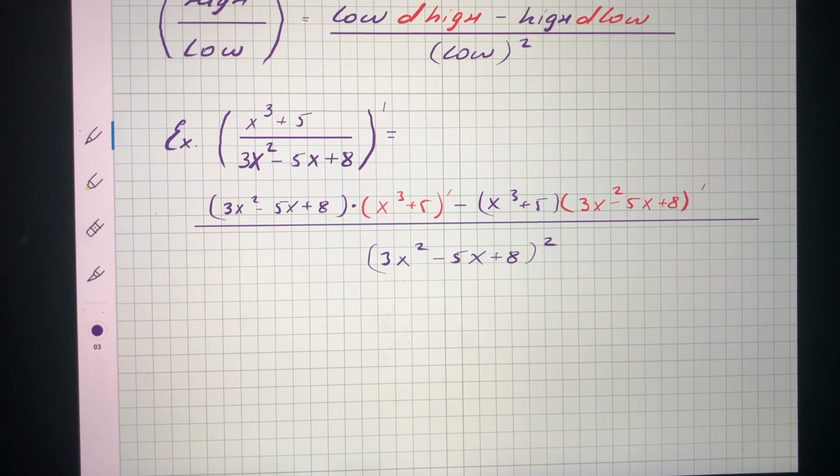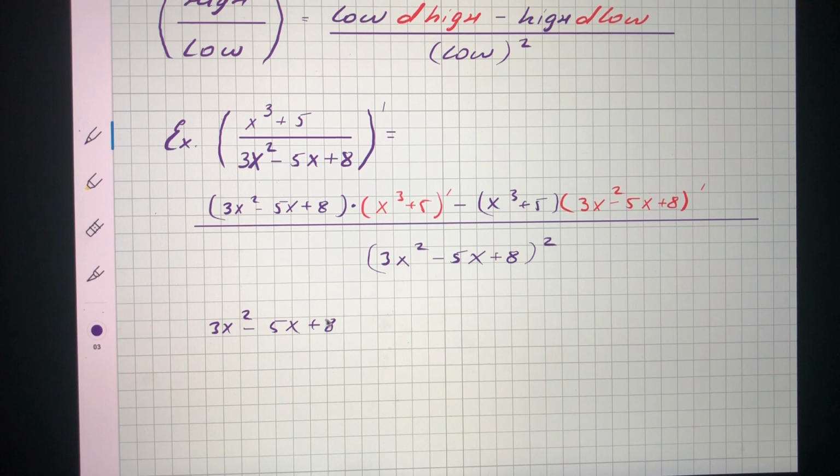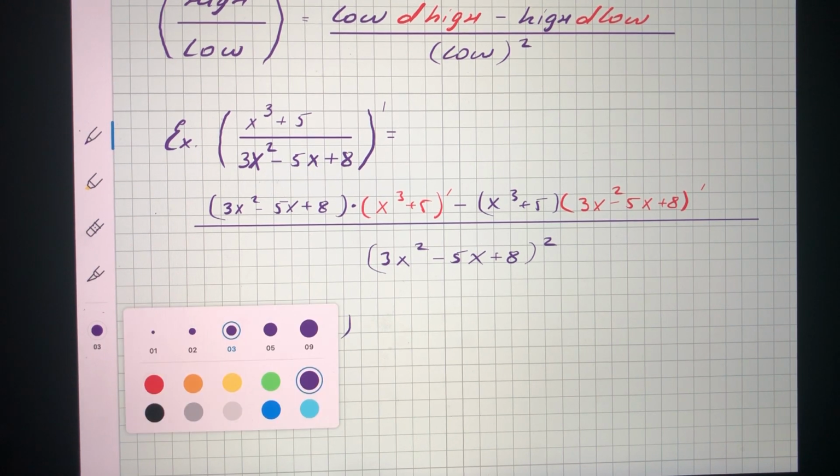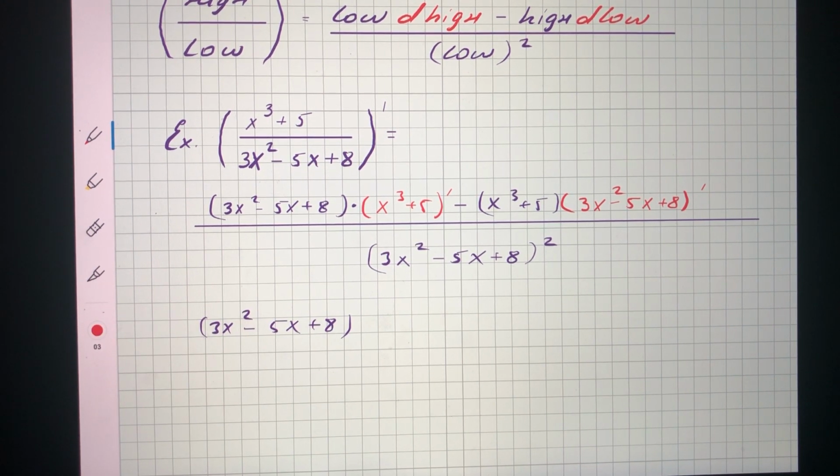So here is what we will get. We will have 3x squared minus 5x plus 8. And then the derivative of x cubed is 3x squared. The derivative of 5 is nothing.